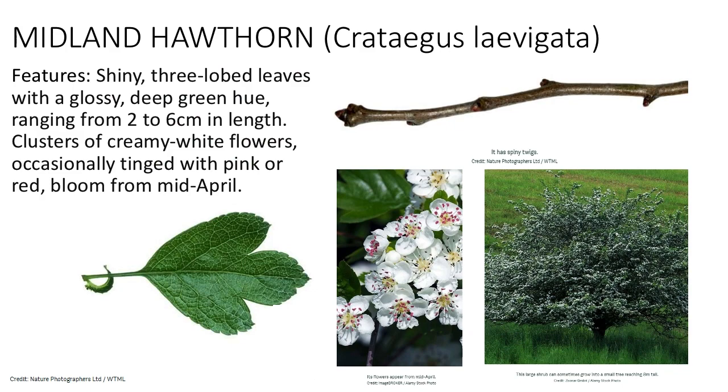We've got Midland hawthorn. The key features for this are the shiny 3-lobed leaves with the glossy deep green hue, and they range from about 2 to 6 centimetres in length. The flowers form a cluster, creamy white in colour, although they can occasionally be tinged pink or red, and these tend to bloom around mid-April.